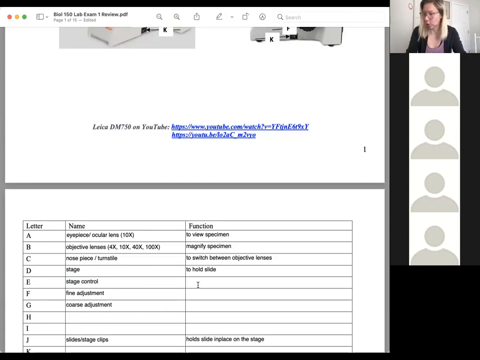So the stage control moves your stage left, right, or backwards, forwards. Just going to abbreviate those words there.